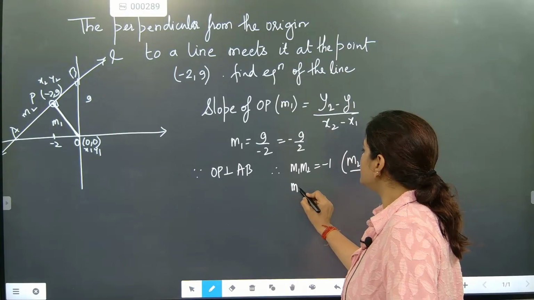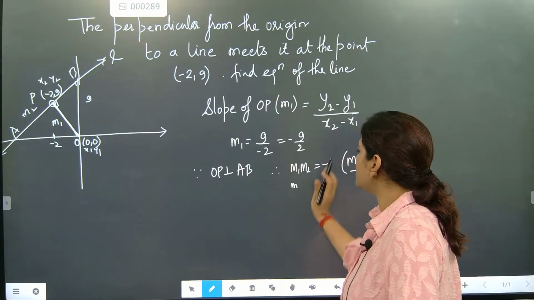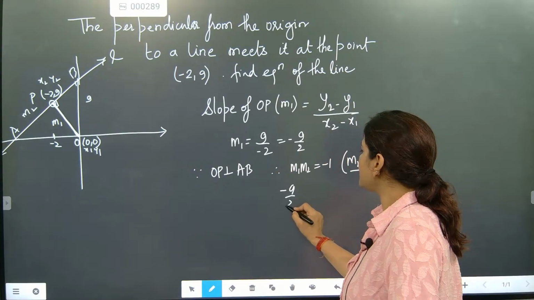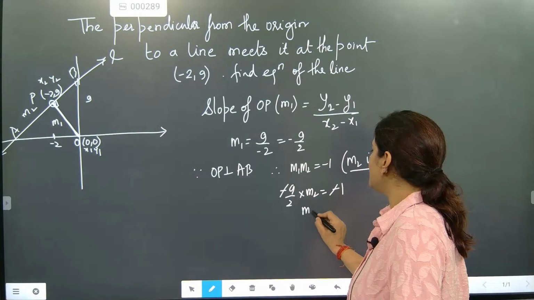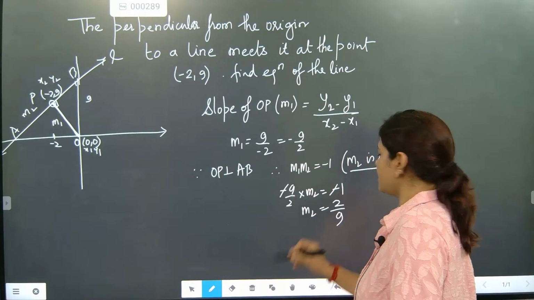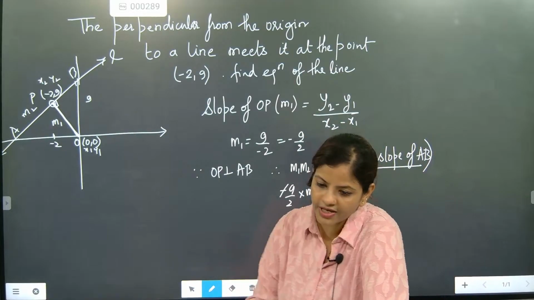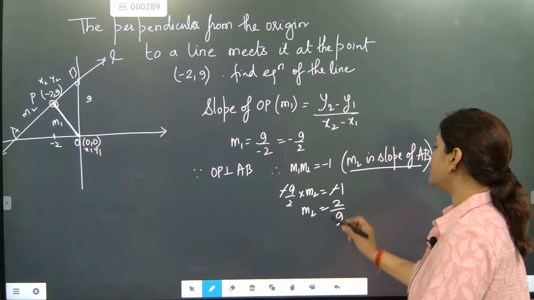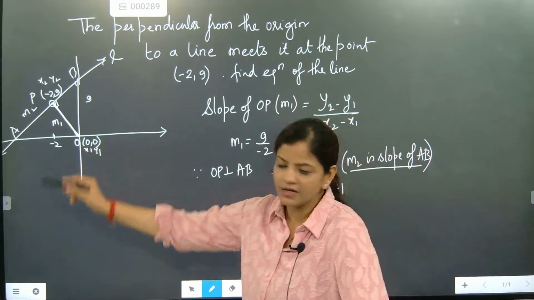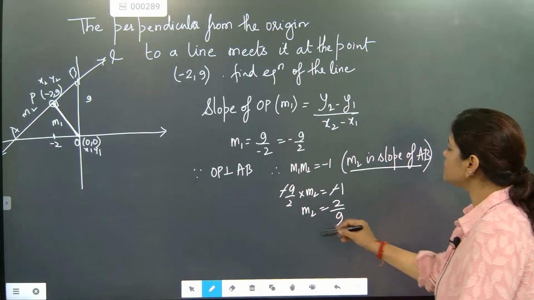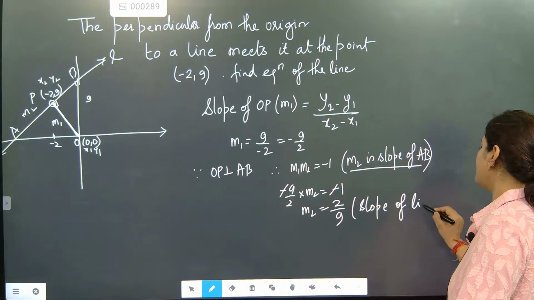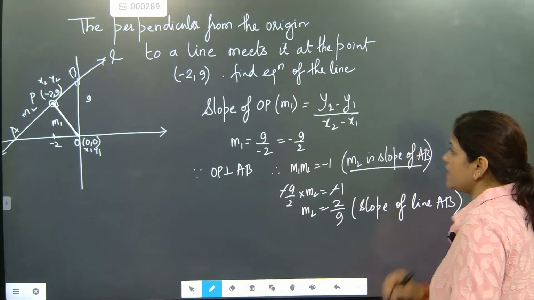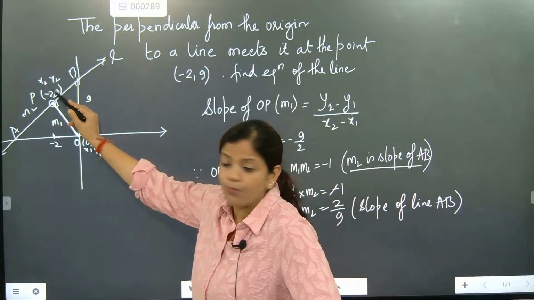So M2 is equal to... M1 value is -9 by 2 into M2 is equal to -1. This and this cancel. M2 is equal to 2 by 9. What is M2? M2 is coming as 2 by 9. If you have solved till here, now we have the slope of line AB. Now we got the slope of line AB, and we got one point on the line.